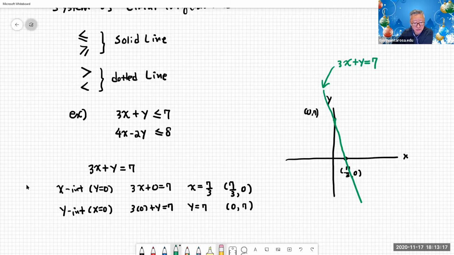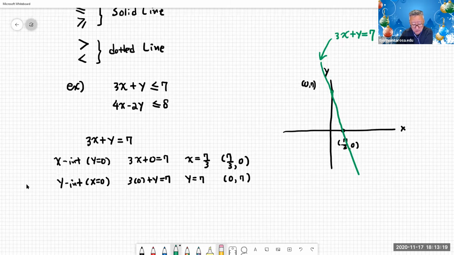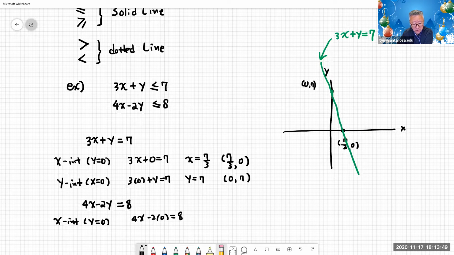All right, the next line that we're going to have to draw is 4x minus 2y equals 8. So again, we're going to use the x and y intercepts here. So x-intercept, y equals 0. So let's plug that in. So 4x minus 2 times 0 equals 8.